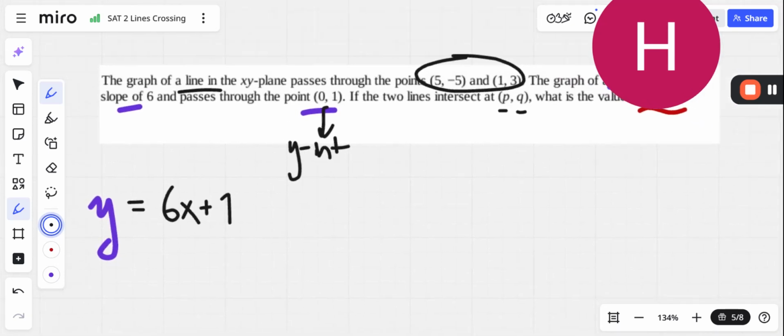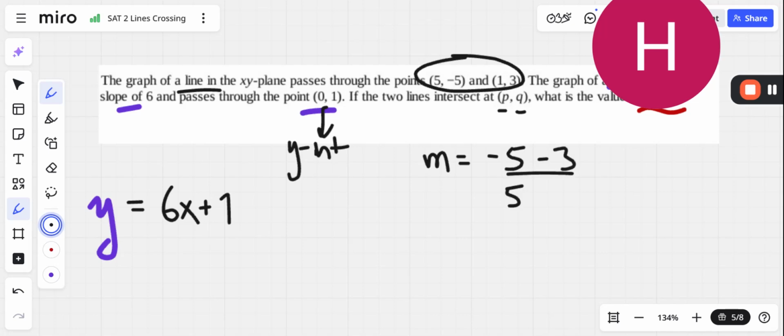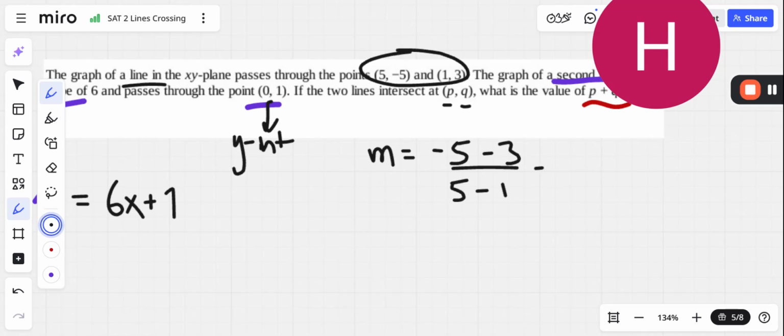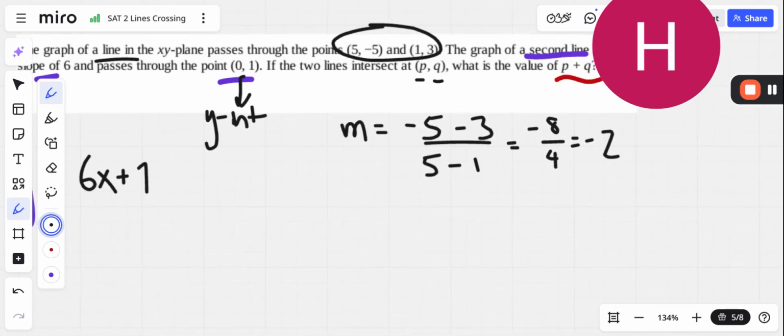Okay, great. And the first line that was given, that one's going to take a little more work to do. We have to find the slope first. So we're going to do y2 minus y1 over x2 minus x1. Okay, so we get negative 8 over 4, which is negative 2. And now we have to use this in order to figure out the equation of the line.